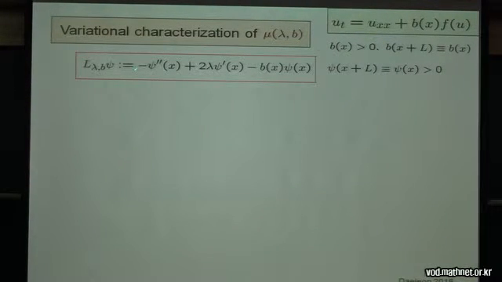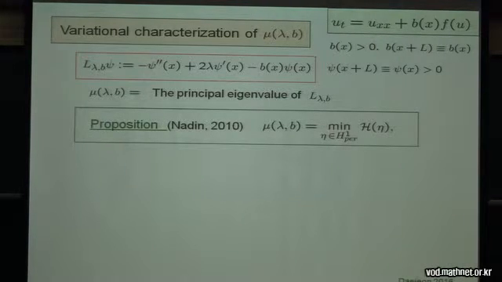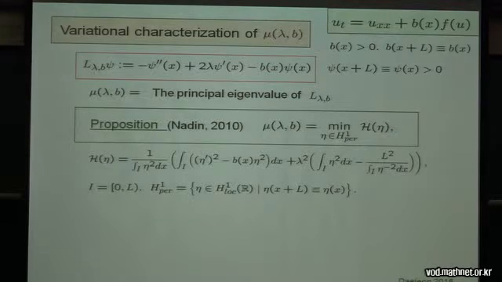Now let's explain the variational characterization of mu of lambda b. And as I said, L is not self-adjoint, so the standard characterization doesn't exist. However, if you make a little trick, you can characterize it variationally. So this is the result by Grégoire Nadin. And mu is given as the minimum of the following complicated functional.